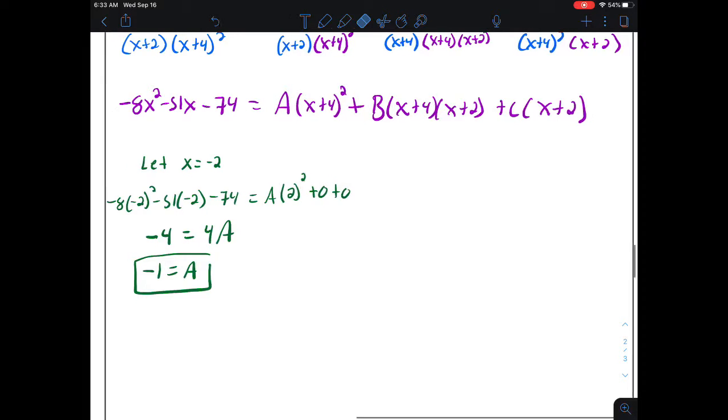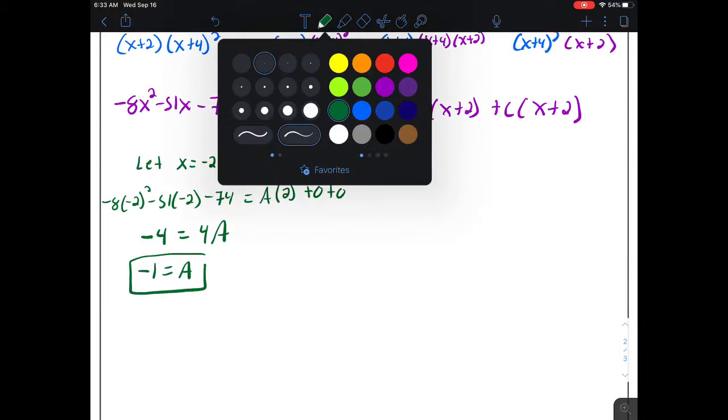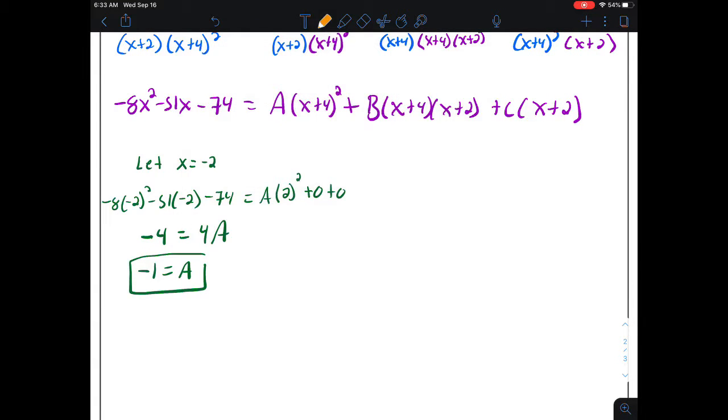All right, then we're going to do the same thing, and we're going to do the cover-up method for another zero. So another zero would be if x was equal to -4. So if I let x equal -4, put back in, I'm going to solve for what's left.